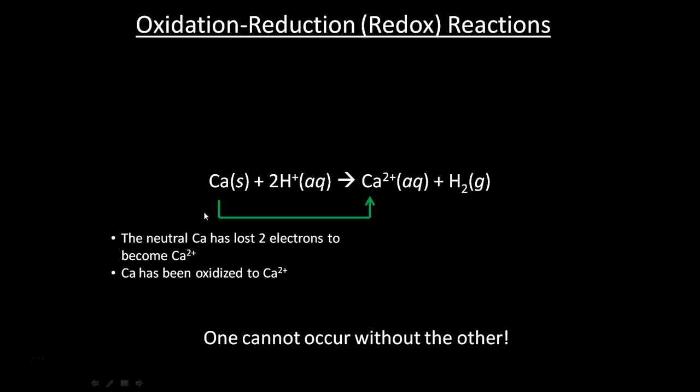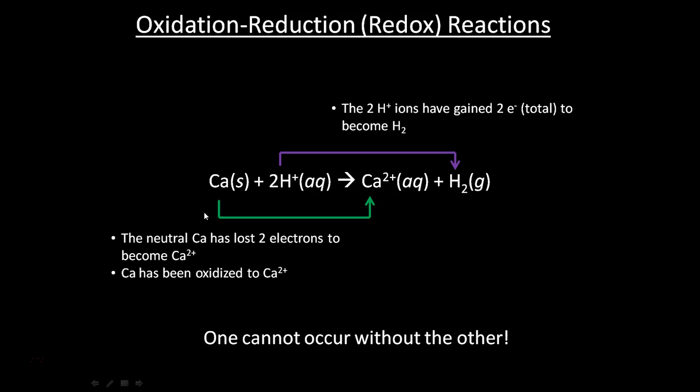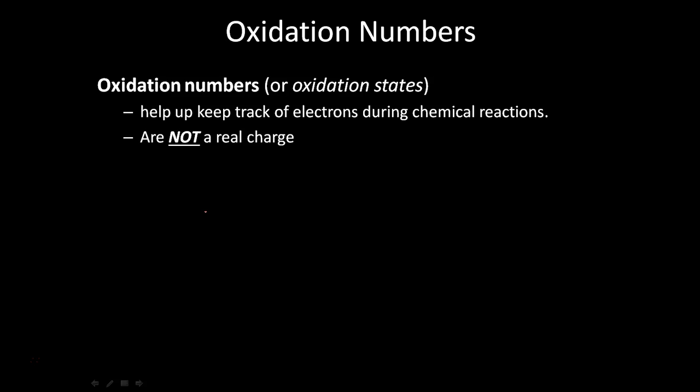The calcium metal has been oxidized to calcium 2+ ions. And the hydrogen ions have gained 2 electrons and become elemental or molecular hydrogen. In this case, the hydrogen has been reduced, and we call it reduction. Notice one thing cannot occur without the other. These two things have to happen at the same time.